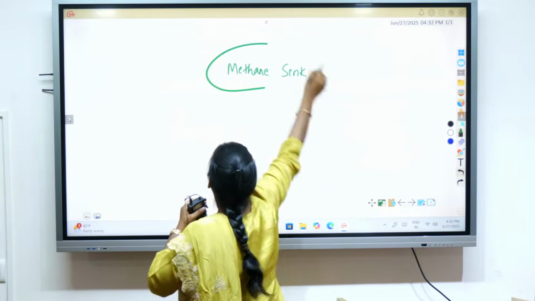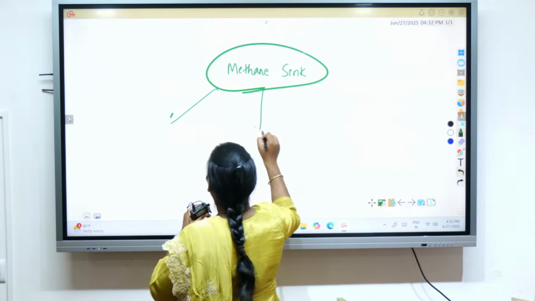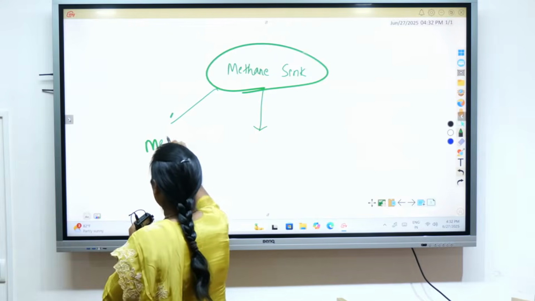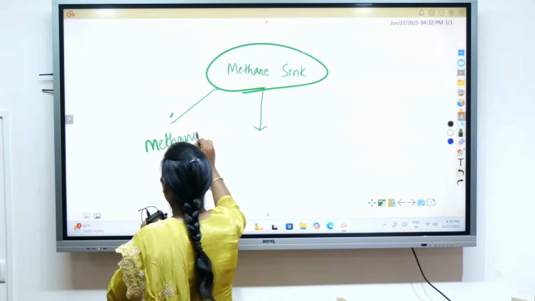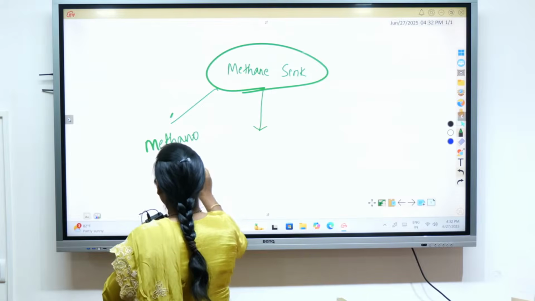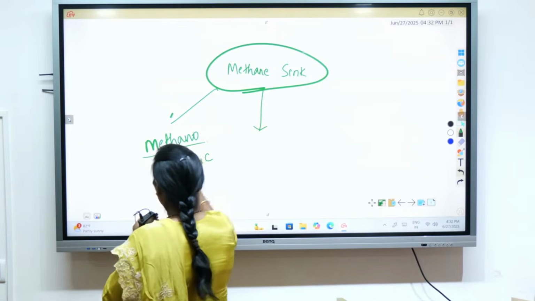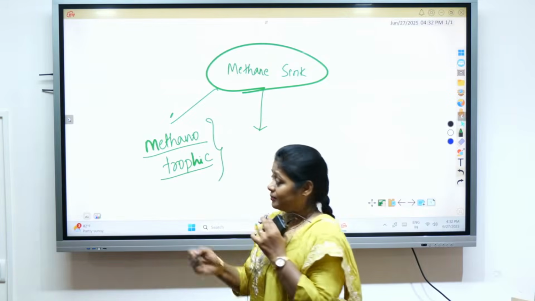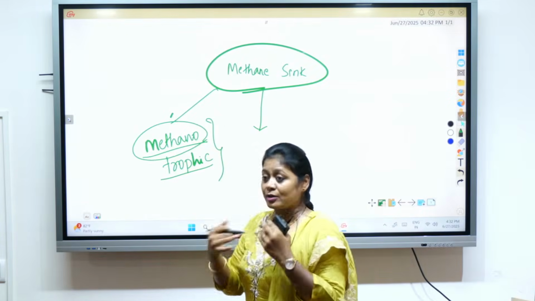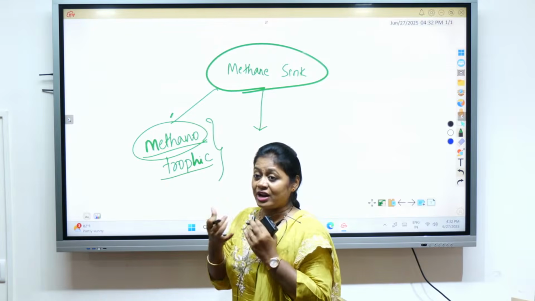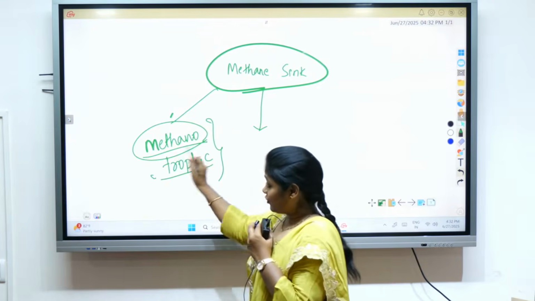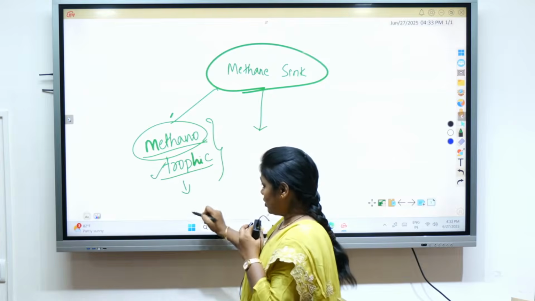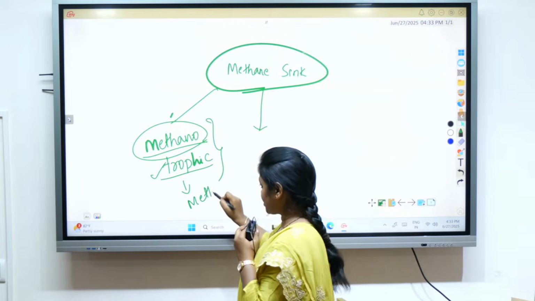One is methanotrophic bacteria. Trophic means food. These bacteria derive their energy from methane. By consuming methane, they derive the energy, through a process called methane oxidation.